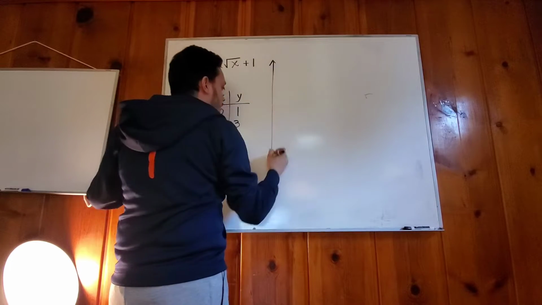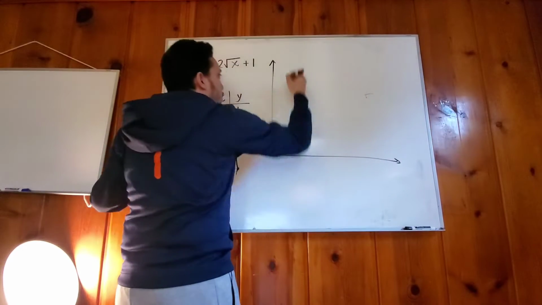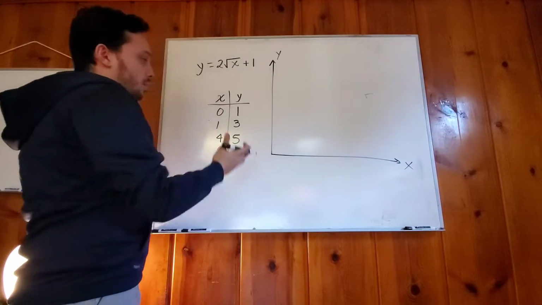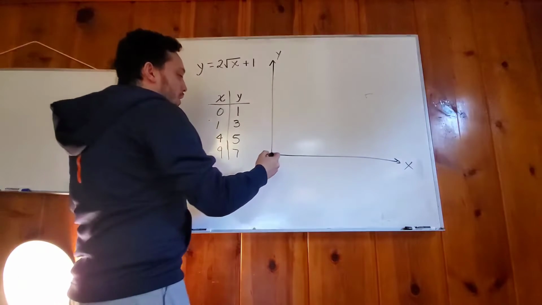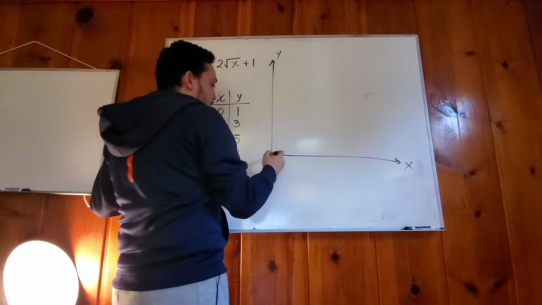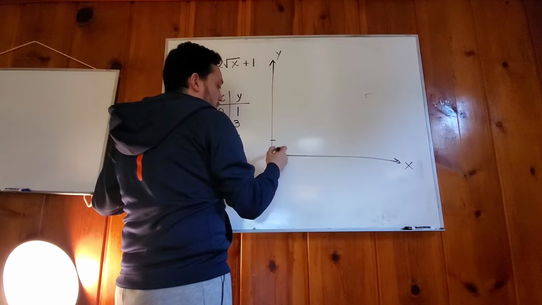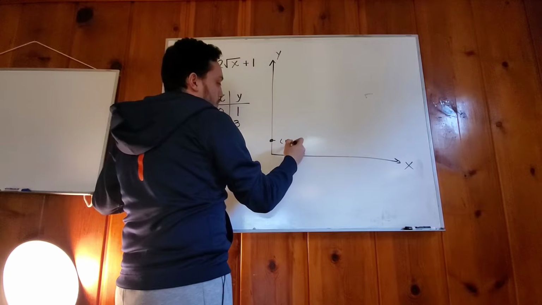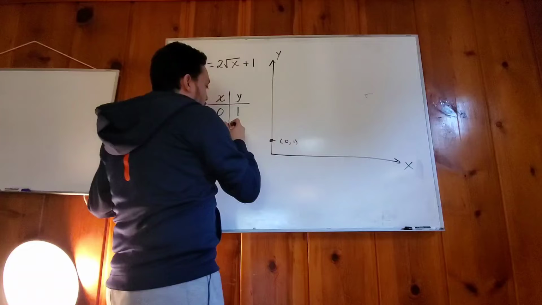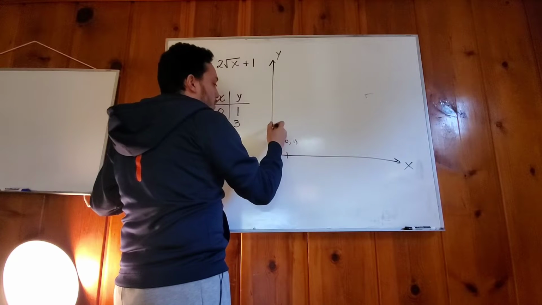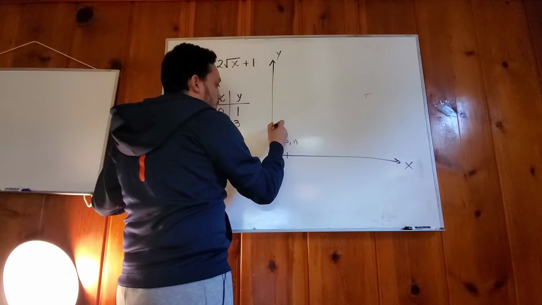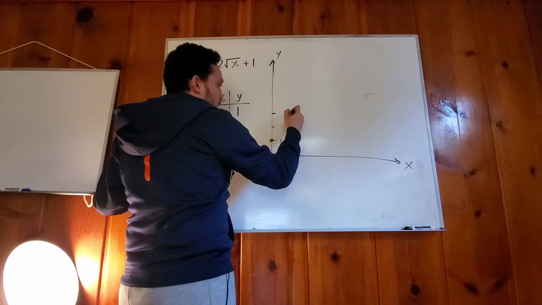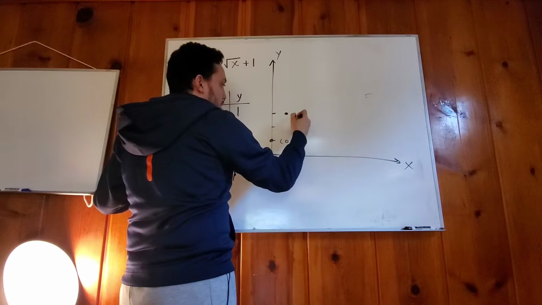So we're going to graph our equation here, and it says that when x is 0, y is 1. So it starts at 1. And when x is 1, y is 3. I'm trying to make it big so you guys can see it.